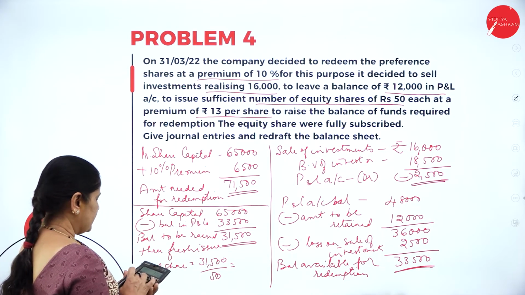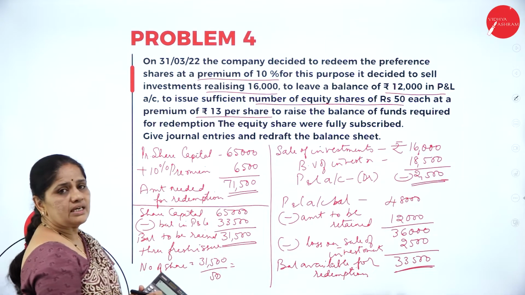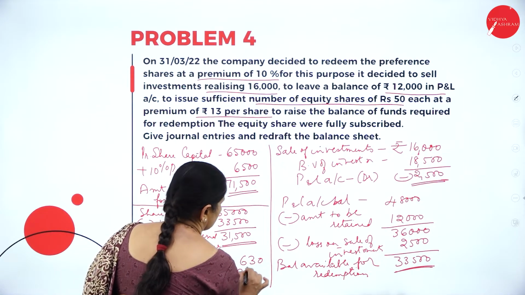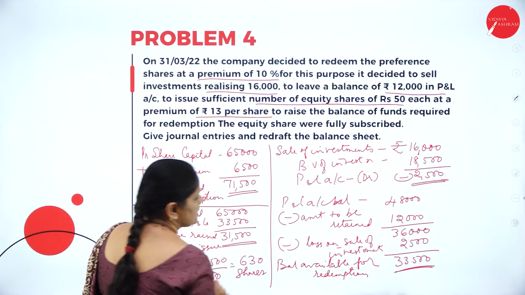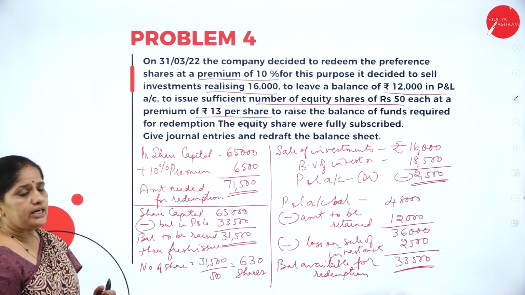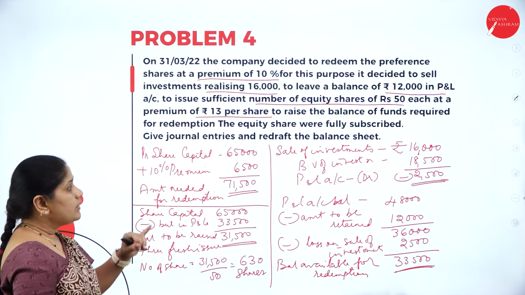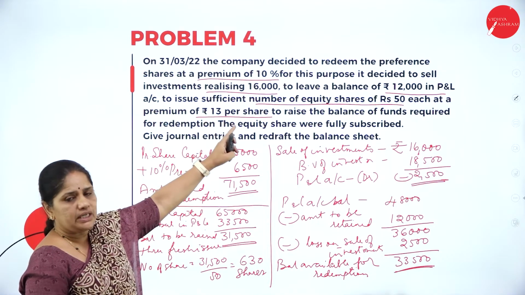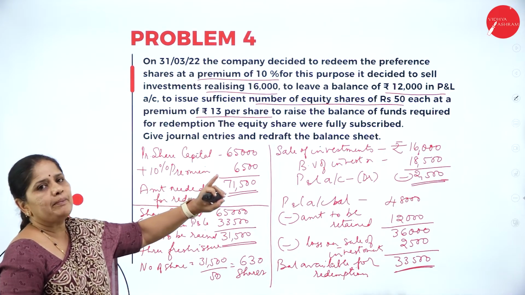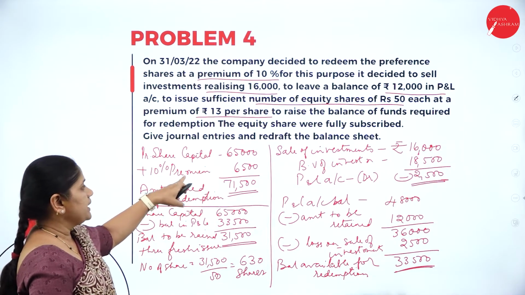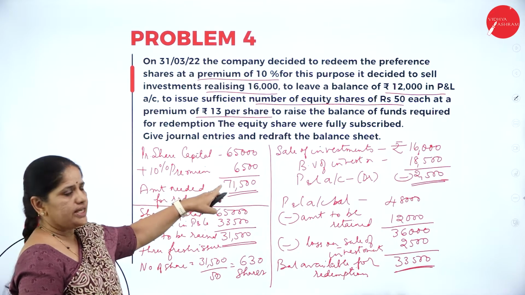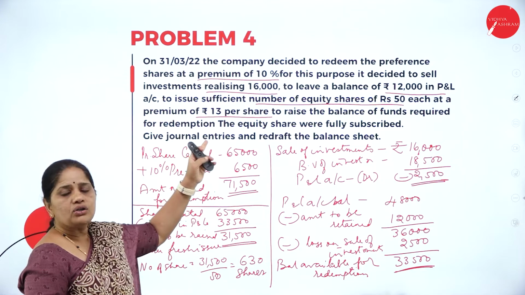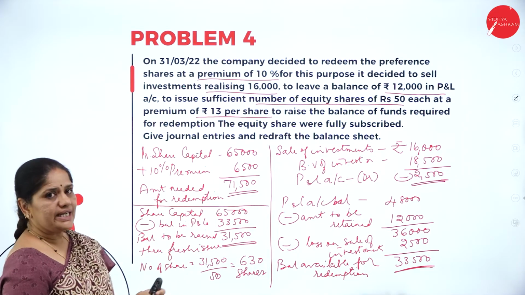That will be 630 shares. 630 shares are to be issued. Whenever you are issuing the shares, you will be issuing at a premium of 13 rupees. So that premium money we can adjust to pay the premium, so this 6,500 I can pay out of the fresh issue of equity shares.